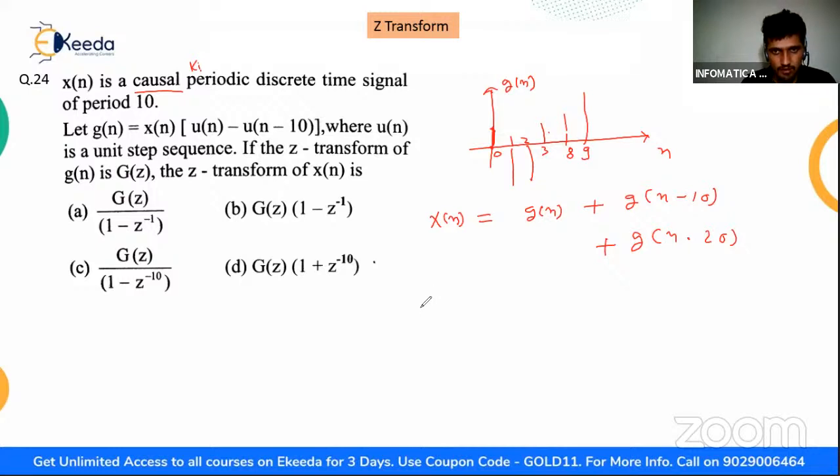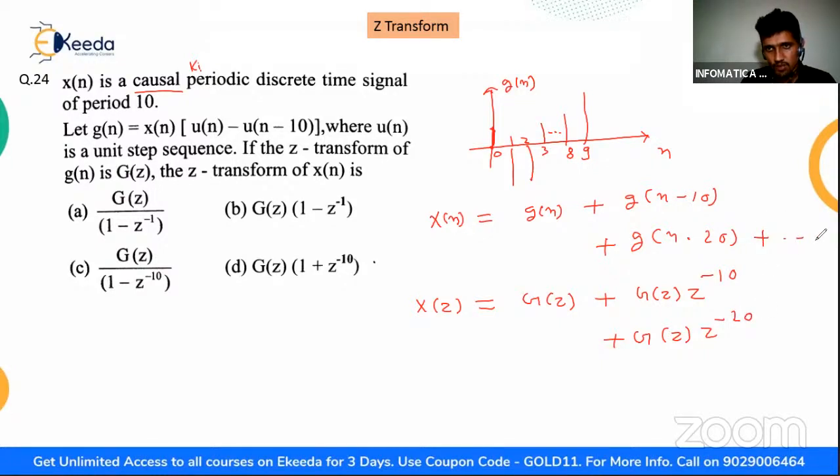So we can say that X(z) will be G(z) plus G(z) z to the power minus 10, using the time shifting property, plus G(z) z to the power minus 20, like that. It will go further. So now we will use the summation of an AP.